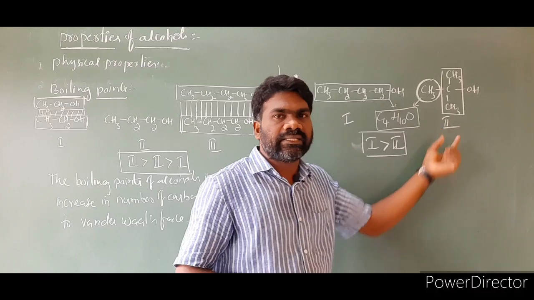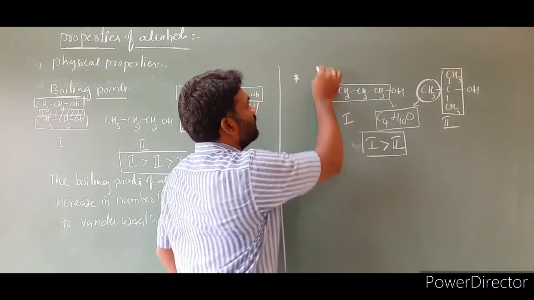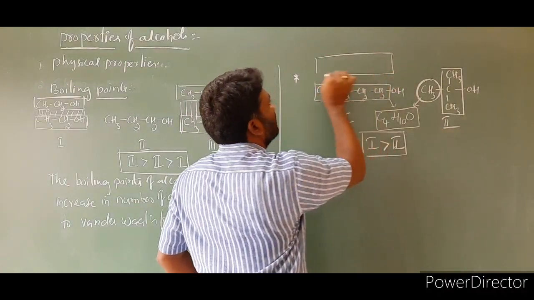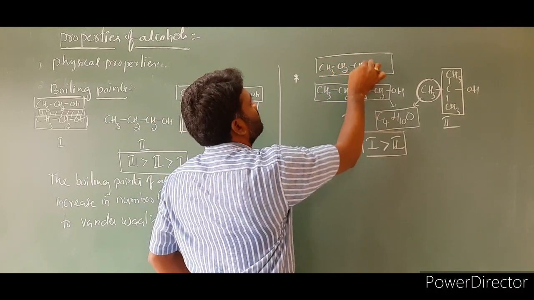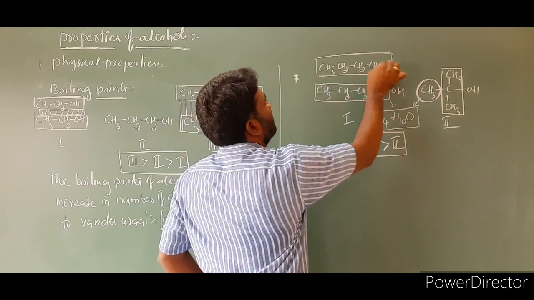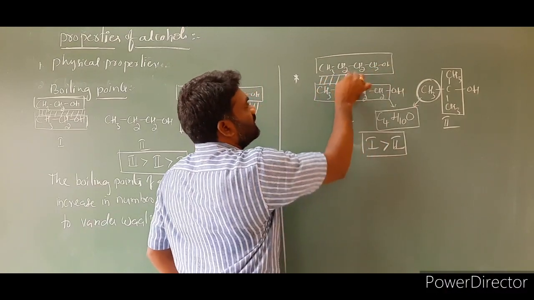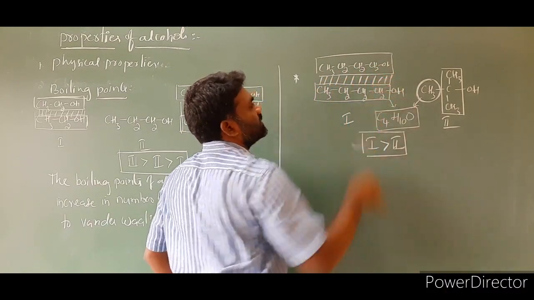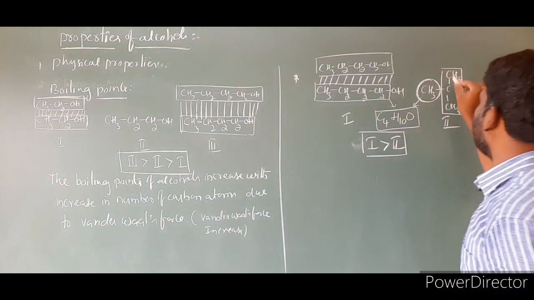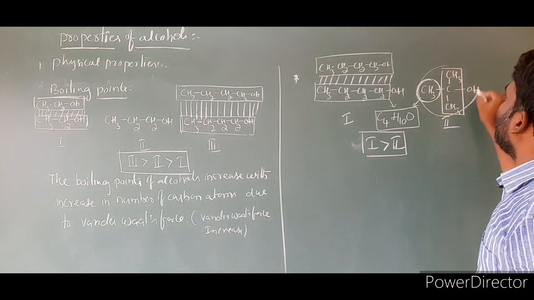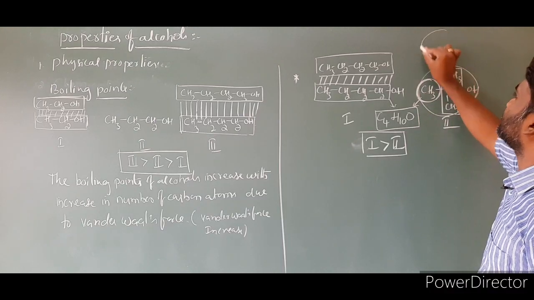When the branches increase, what will happen? So this is the molecule. If you keep another molecule here, the same molecule, CH3CH2CH2CH2OH, already we wrote this is the area of contact. Van der Waals force is maximum. So in this molecule, van der Waals force is maximum. Coming to this molecule, we have to keep another molecule like this.